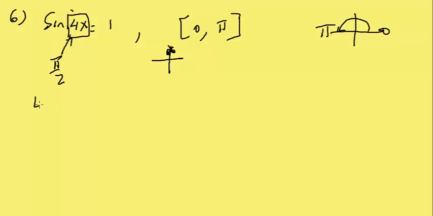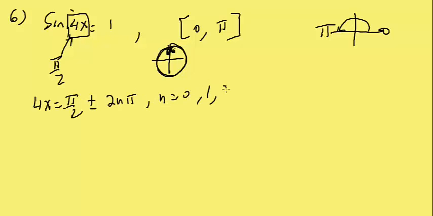My box happens to be 4x, which is equal to pi over 2, and I have to keep jumping forever and ever. So I'm going to go plus or minus 2n pi, and n is equal to 0, 1, 2, and so on.